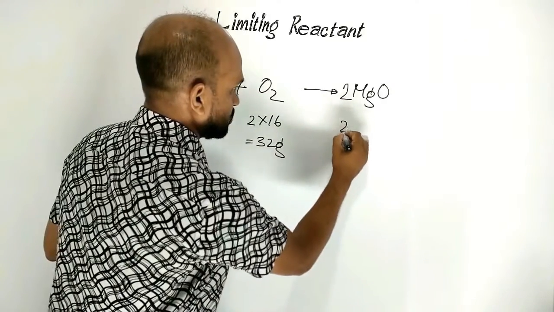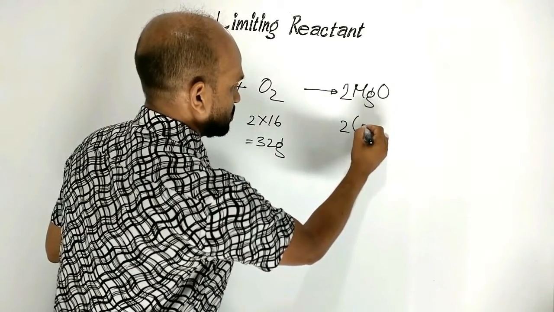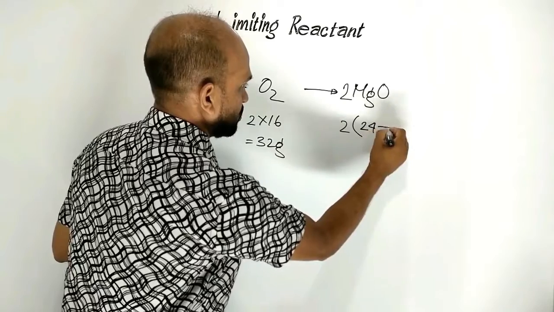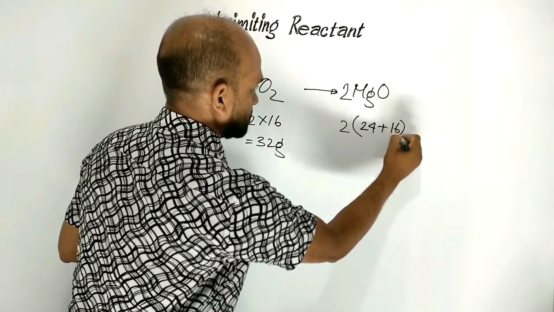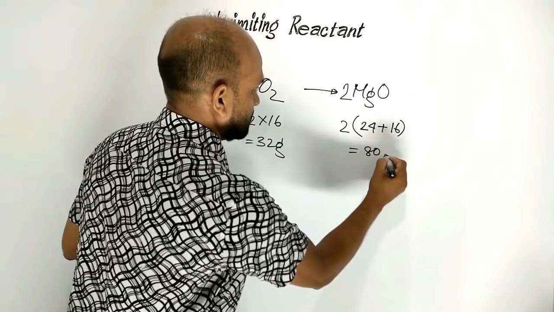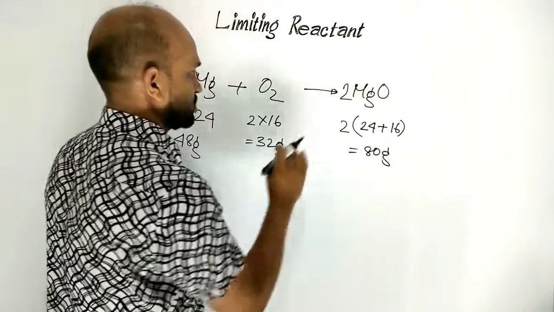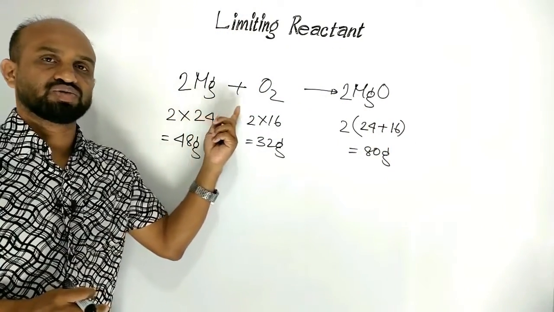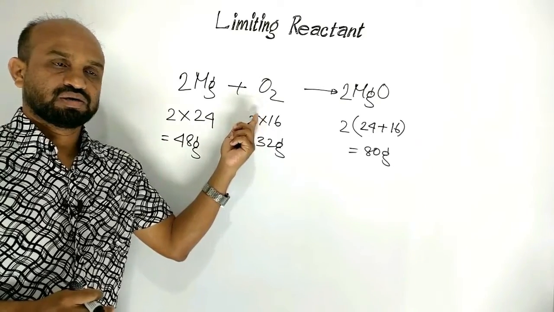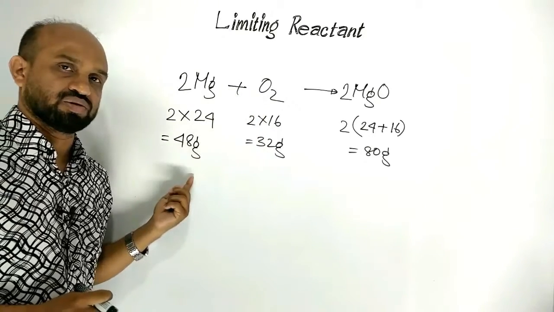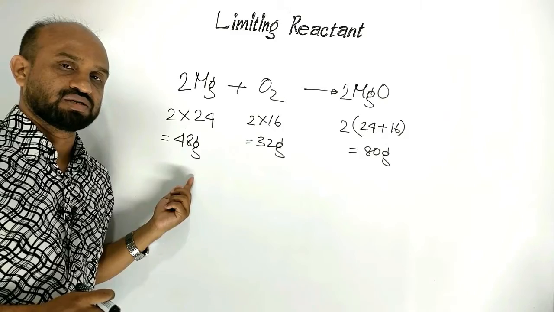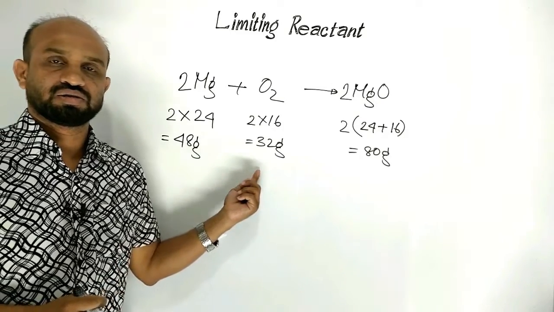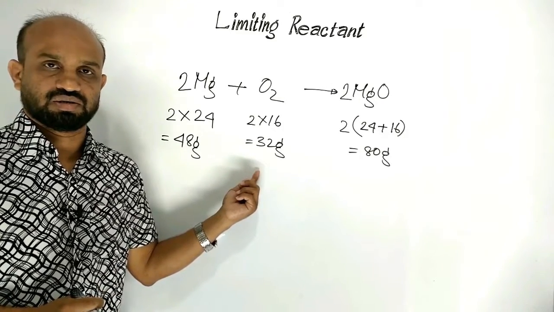Here 2 into 24 plus 16, 80 gram of magnesium oxide. Here magnesium reacts with oxygen in this ratio: 48 gram magnesium reacts with 32 gram oxygen.